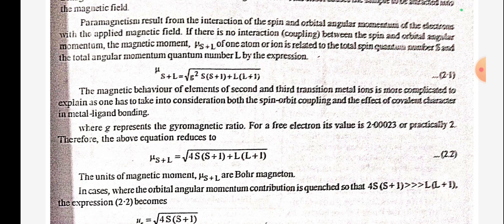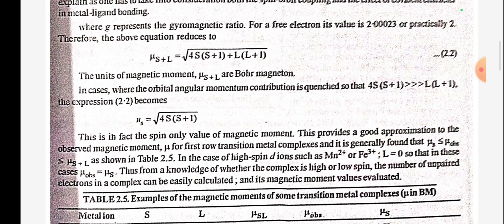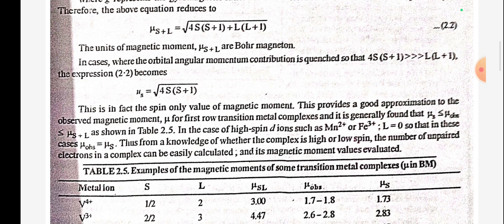The magnetic behavior of the elements of the second and third transition metal ions is more complicated and is explained as one takes into consideration both the spin-orbit coupling and the effect of covalent character in the metal-ligand bond, where g represents the gyromagnetic ratio for a free electron, and the value is 2.00023, practically 2. Therefore, the above equation reduces to μ(S+L) equal to the square root of 4S(S+1) + L(L+1). The units of magnetic moment are Bohr magnetons.